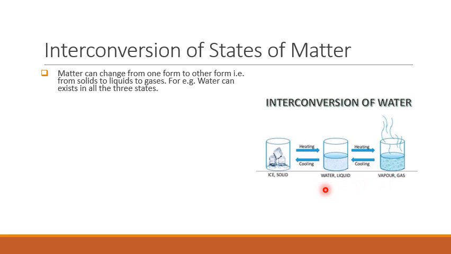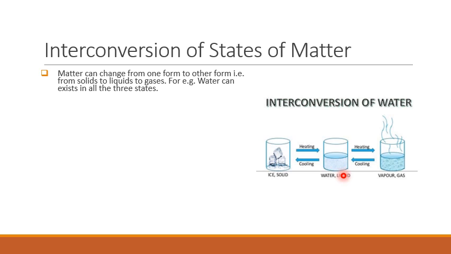So the water which is in a liquid state can be converted to a solid or gaseous state by changing the temperature. Similarly, if I heat the ice, it will change to water, and if I cool the vapors, they would change back to water, or I can say the liquid state.